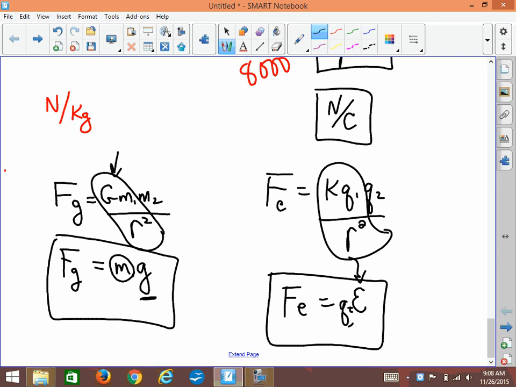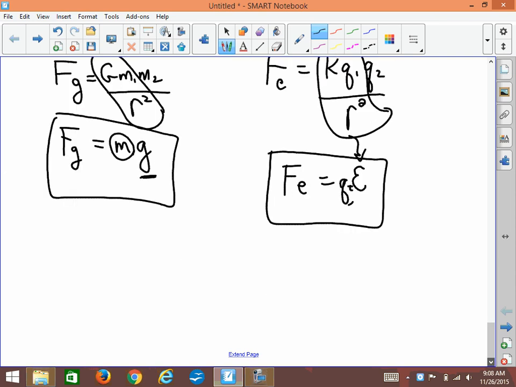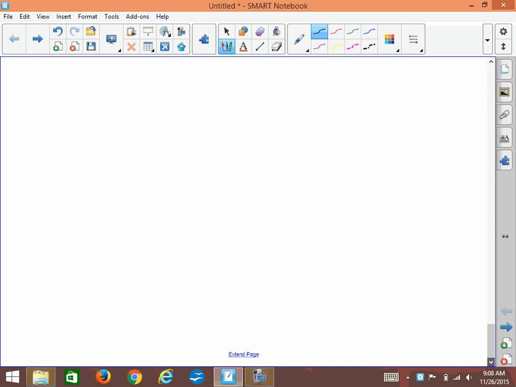So there's 2 equations we can use, right? I'm going to summarize it all right now in the chart. There are 2 points of view. The first point of view, POV: the point of view of the object making the field.